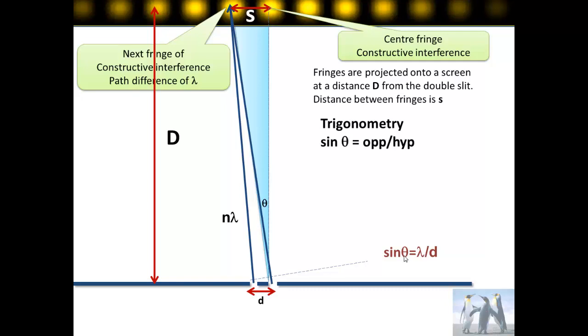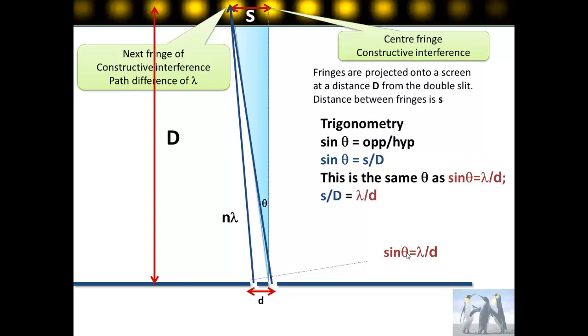The sine of the angle is opposite over hypotenuse, so the sine of this angle theta is equal to S divided by D. But hang on, D is the adjacent side, not the hypotenuse. However, this triangle is so narrow that the hypotenuse and the adjacent side are basically the same length, so we can treat them as being equal. And this is the same sine theta that we had in the previous slide, which is equal to lambda over d.